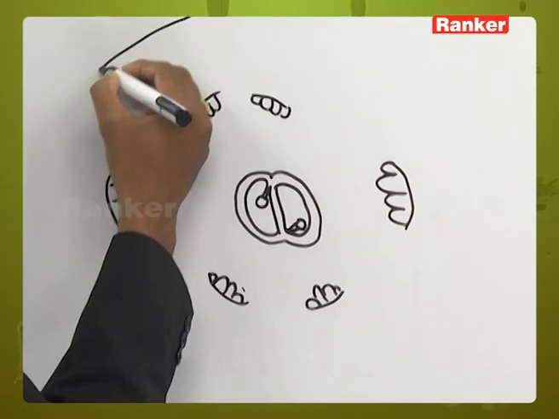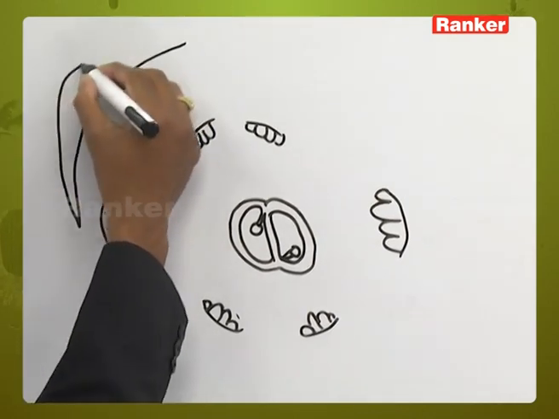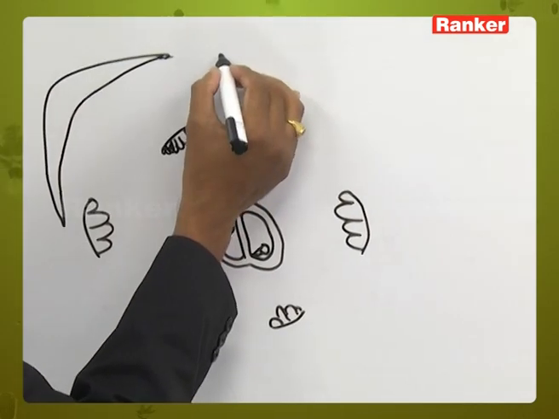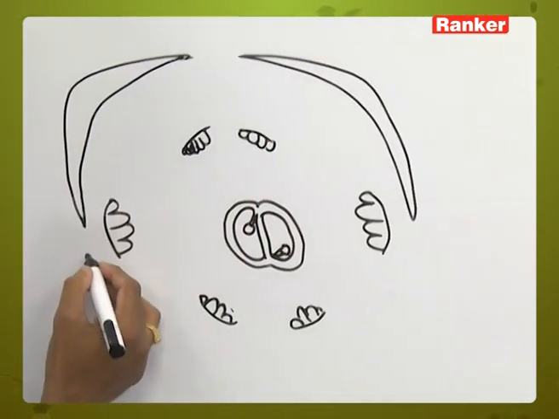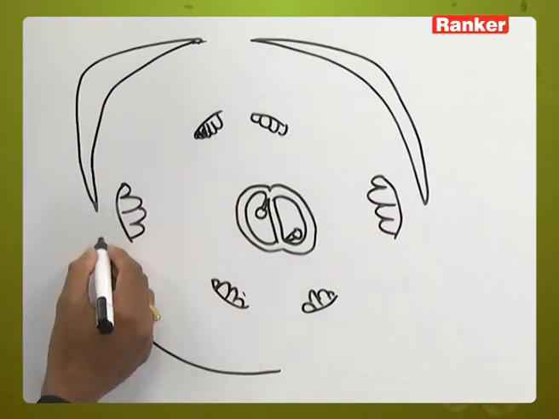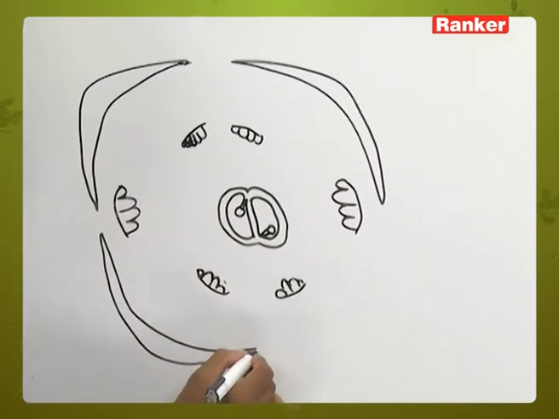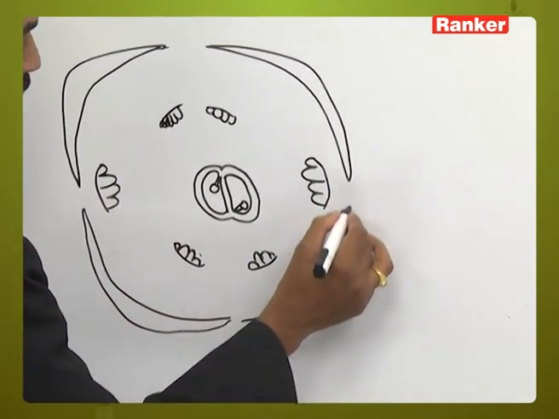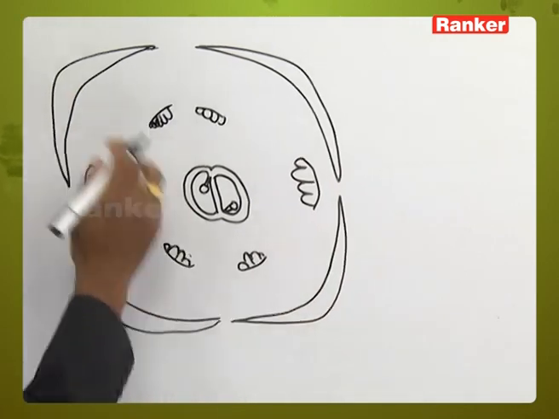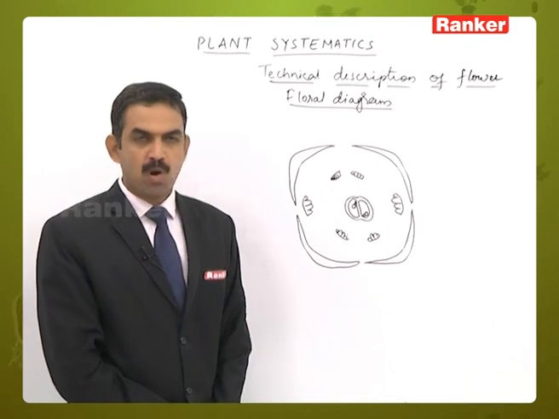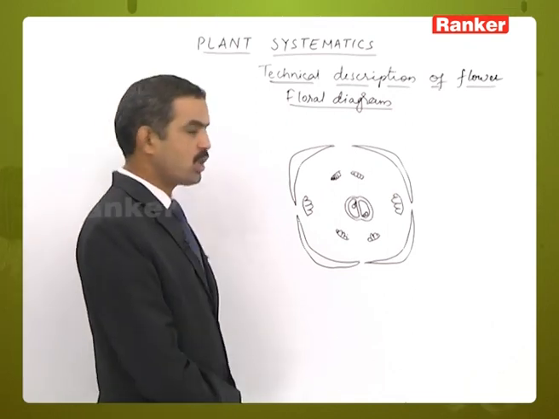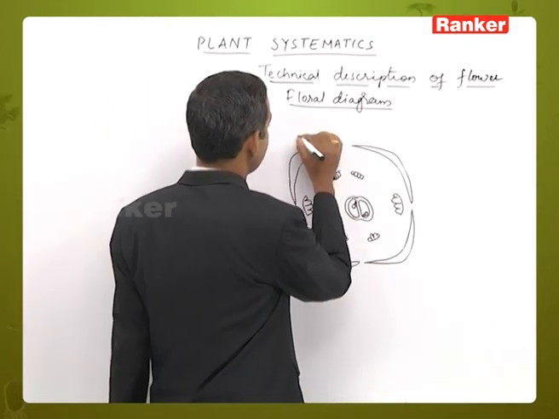Then non-essential organs from the inner side, corolla, so the number of petals that we can observe here is only 4, which are showing the valvate type of estivation, a non-overlapping nature.